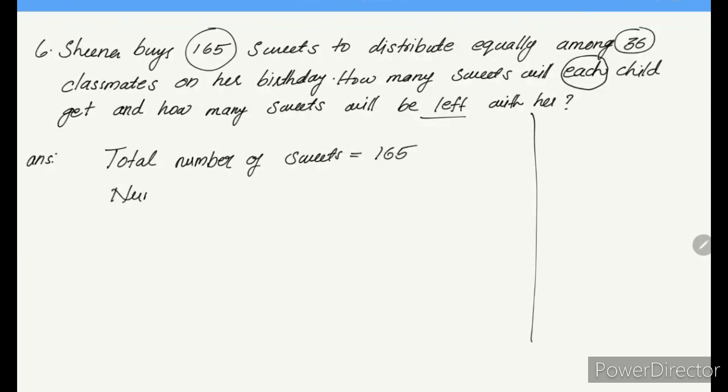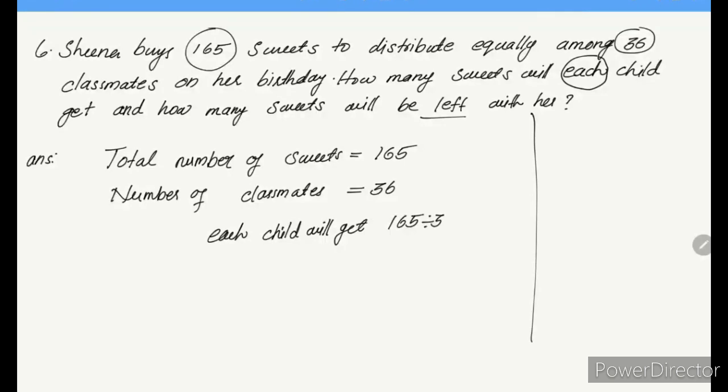The next, number of classmates, 36. Then, how many sweets will each child get? Then we can write, each child will get 165 divided by 36. What is the answer? 165 divided by 36. 36 into 4. 4 into 6, 24.